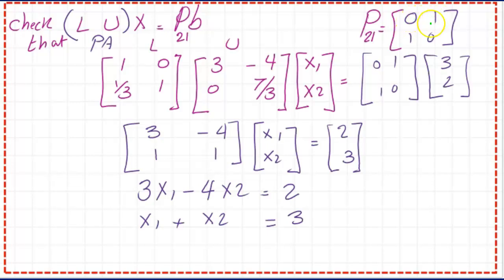So we have 0, 1, 1, 0. Again, L by U by vector X1, X2 is supposed to be equal to 0, 1, 1, 0 times 3, 2. The final PB value is 0 by 3 plus 1 multiplied by 2 is 2, and 1 by 3 plus 0 by 2 is 3.